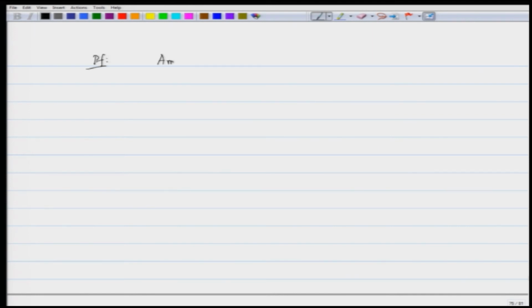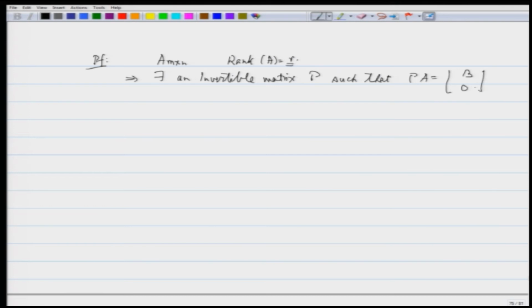I have A was m cross n, rank of A is R. So, this implies there exists an invertible matrix P such that P times A is going to give me some B here, 0 here.